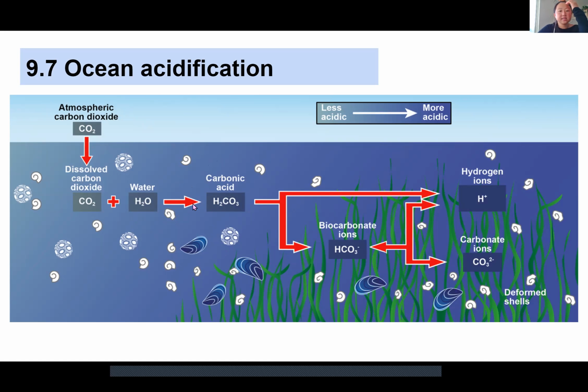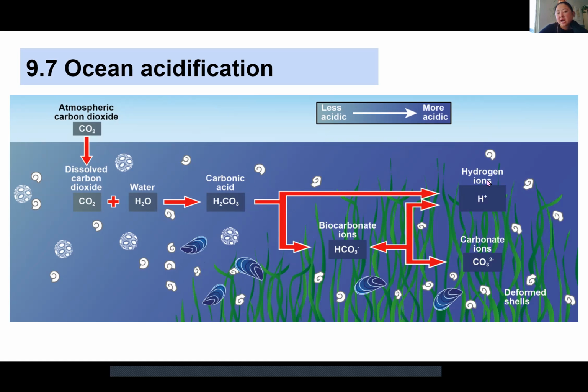Now, carbonic acid is very erosive to calcium carbonate. And calcium carbonate makes up most shell organisms and coral reef. So when there's more carbonic acid in the ocean, it degrades a lot of these organisms' shells and their homes. You can see in this diagram, you have these healthy looking shells, and then you have these not so healthy looking gangly shells, right?